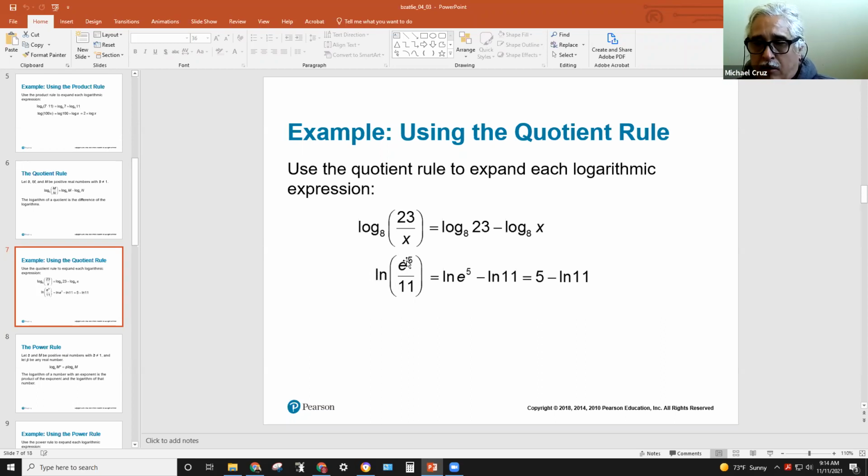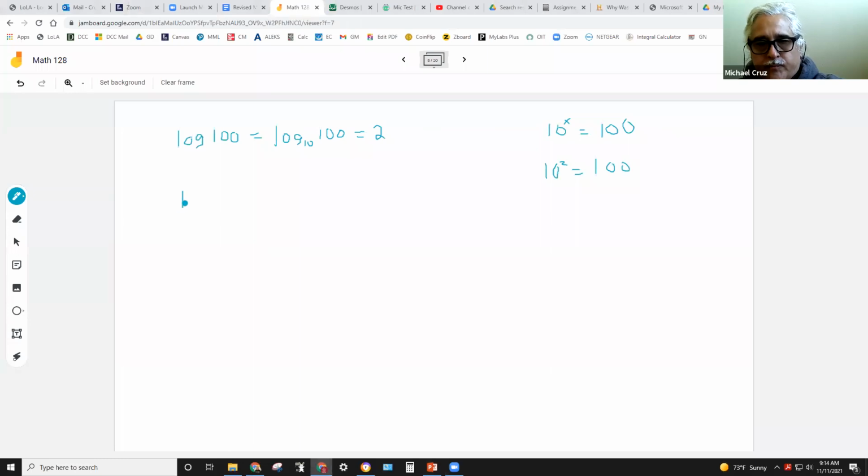So natural log of e to the 5th over 11 is equal to ln e to the 5th minus ln 11. Now this right here can't have anything done to it, but this is kind of the same thing that we looked at here. The ln and the e undo one another, so this is equal to 5.